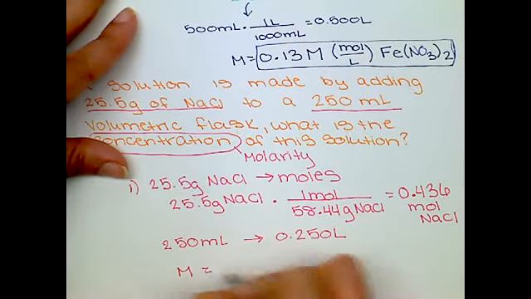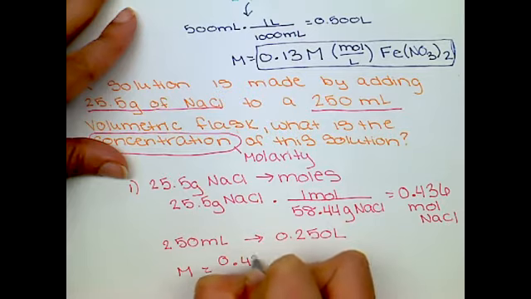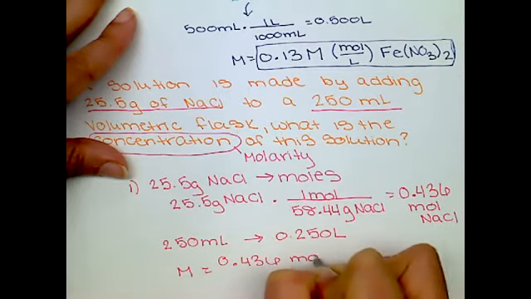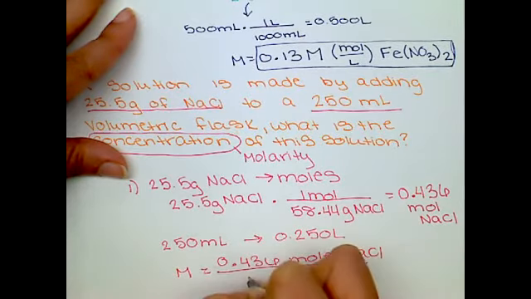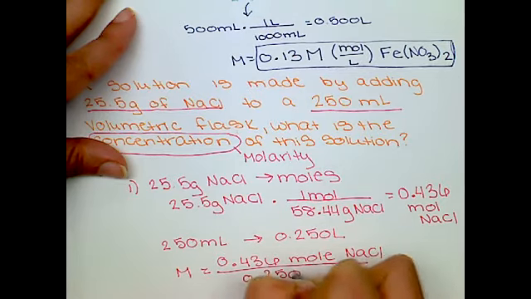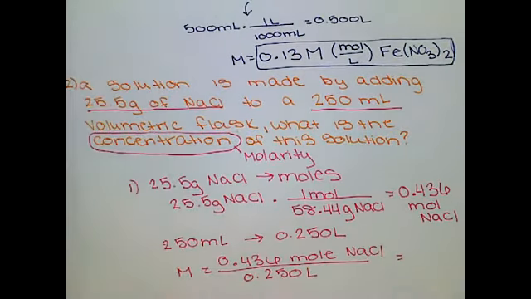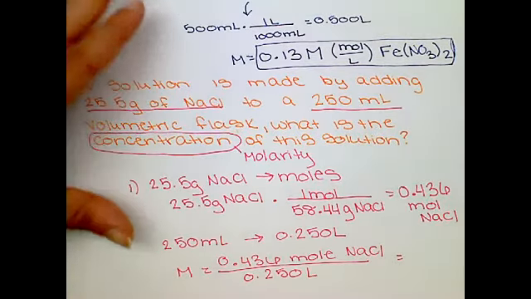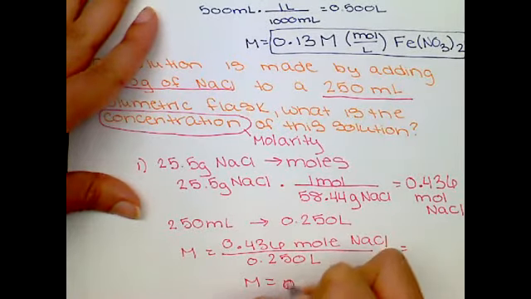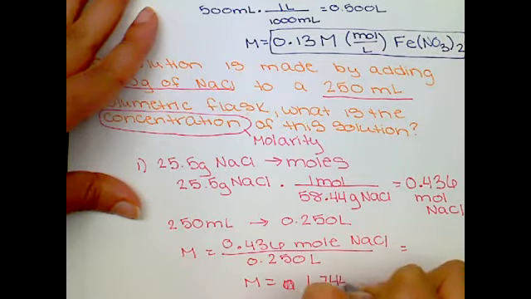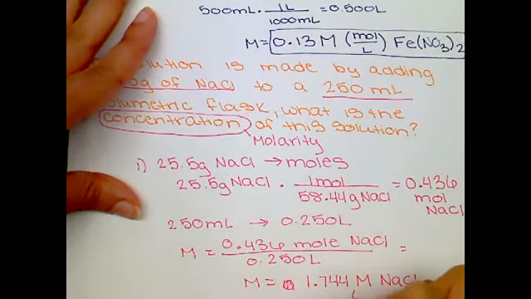Molarity equals 0.436 moles of sodium chloride over 0.250 liters of solution. 0.436 divided by 0.25, and my molarity equals 1.744 molar NaCl. Don't forget, you could also put moles over liters. Either one is totally fine.